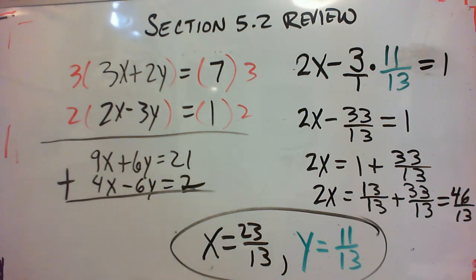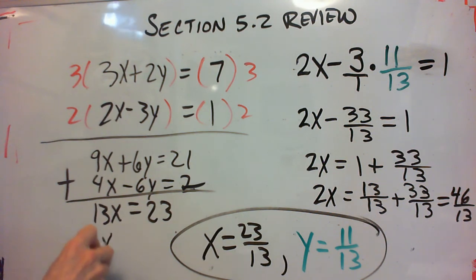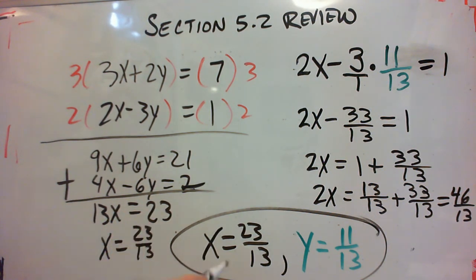And now we add those two together and look what we get. 13x equals 23. Aha! X is 23 thirteenths. So we got that answer without doing the fractions.